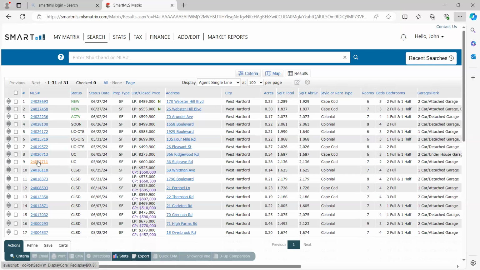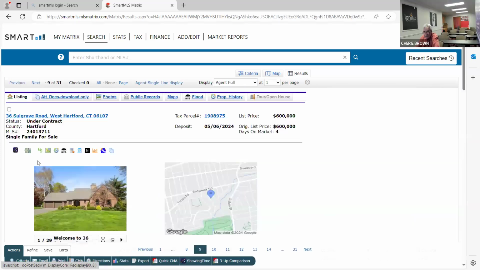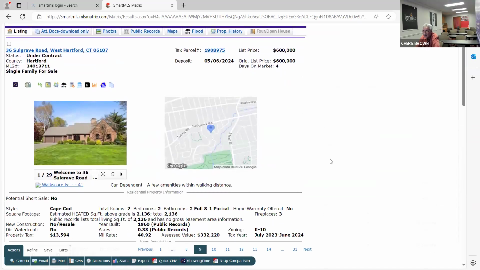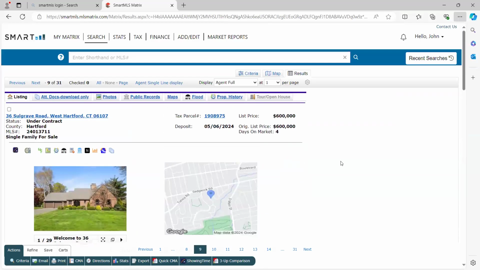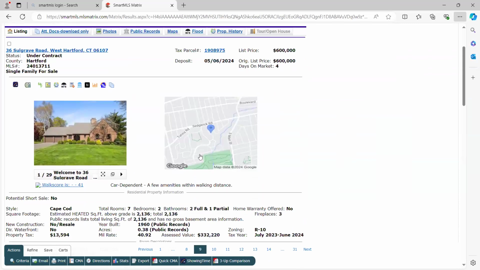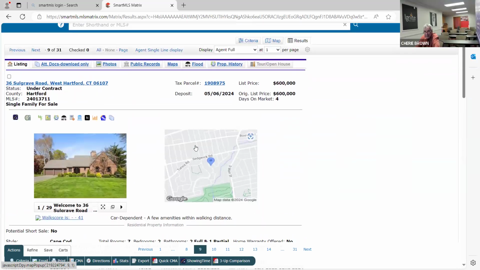But lastly on these, let's look under Soulgrave. Interesting, it's 2 bedrooms, 2,100 square feet, a Cape versus a Colonial. It's larger, and I don't know if I'd go out of my way with Soulgrave.